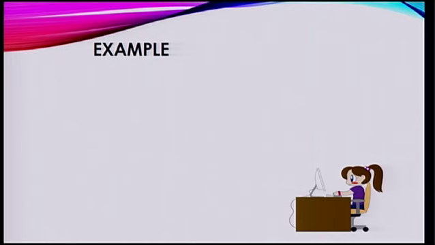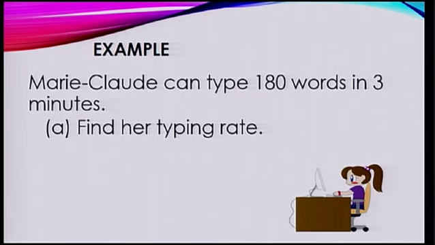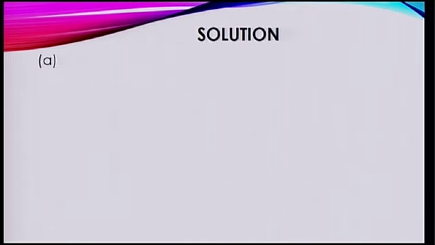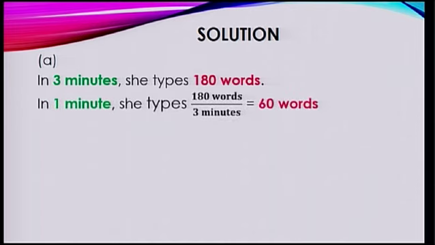We take another example. Marie-Claude can type 180 words in 3 minutes. We need to find, firstly, her typing rate, and secondly, how many words she can type in 50 minutes. Firstly, we know that in 3 minutes she types 180 words. So in 1 minute, we just need to divide it.